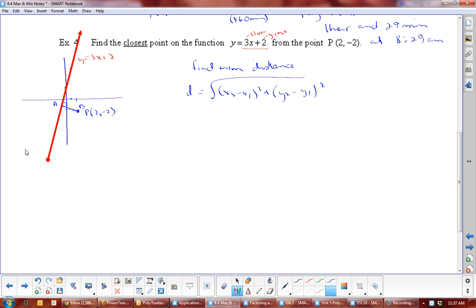Now, I'm going to be finding the derivative of this, so life will be easier if you change it to d squared, or else you're going to have to use the chain rule.